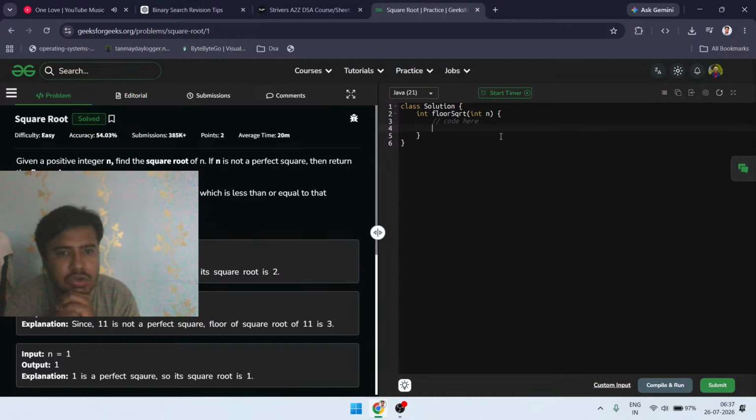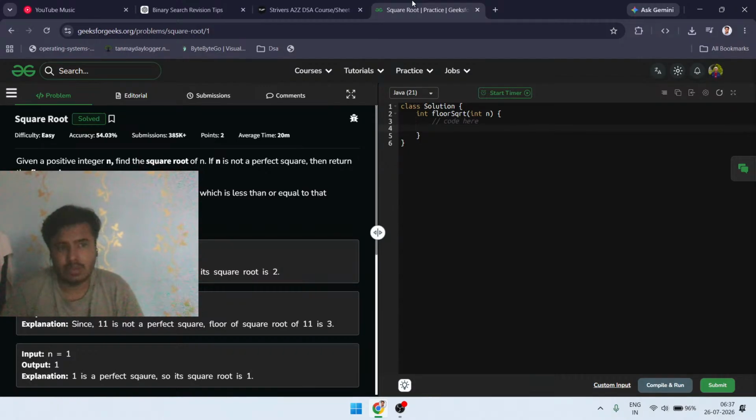If n is not a perfect square, then return the floor value. The floor value of any number is the greatest integer which is less than or equal to that.